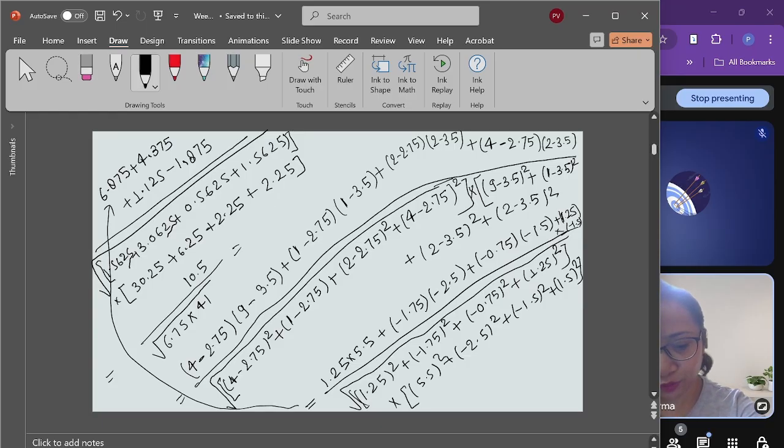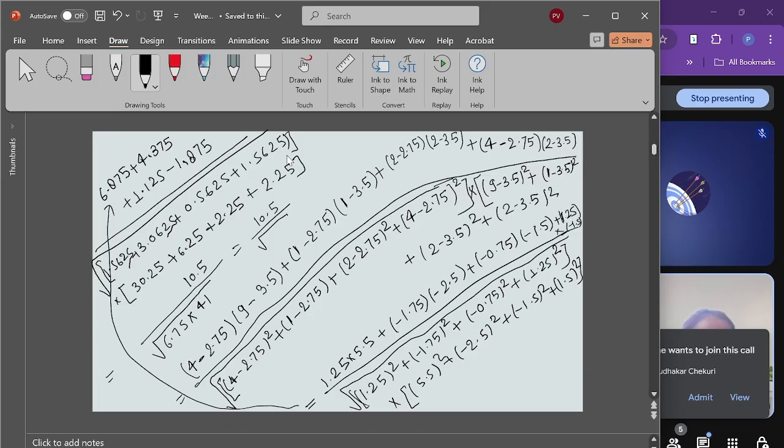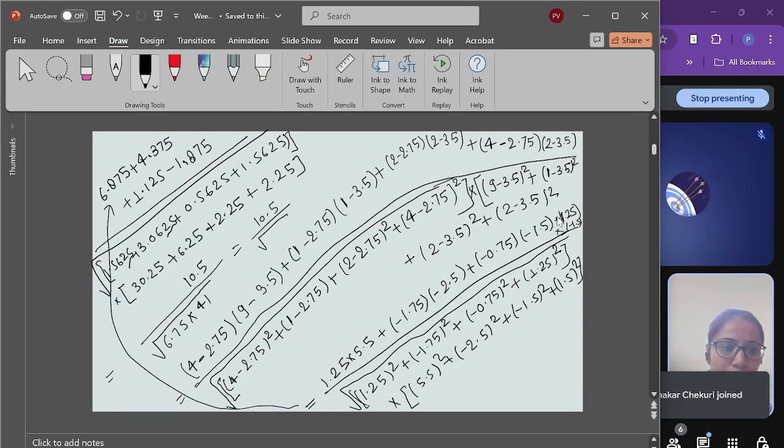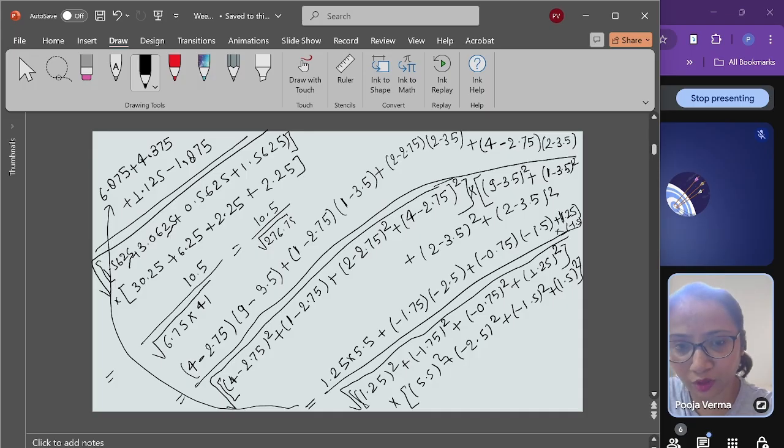If you multiply and divide, just check what values you are getting. If you multiply these two values, I think you will get 276.75. Now just calculate root of 276.75.